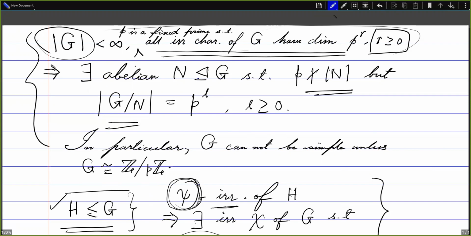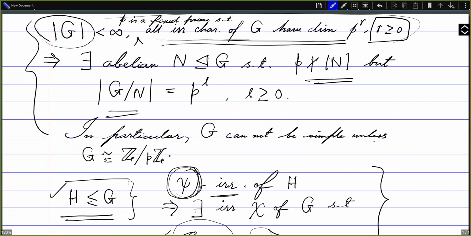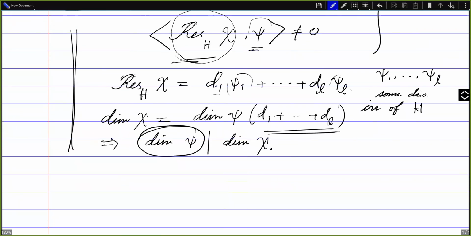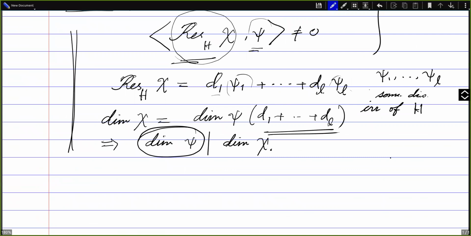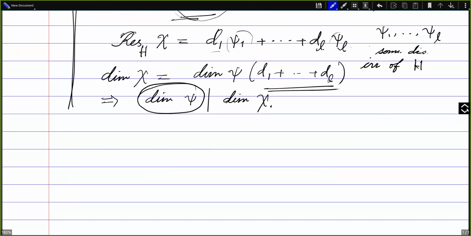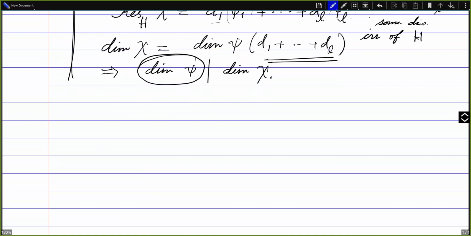So that shows that the idea of looking at subgroups indeed has some merit. It is not as hopeless as looking at factor groups. So with this observation, since this shows that we have some hope here, let's do it.